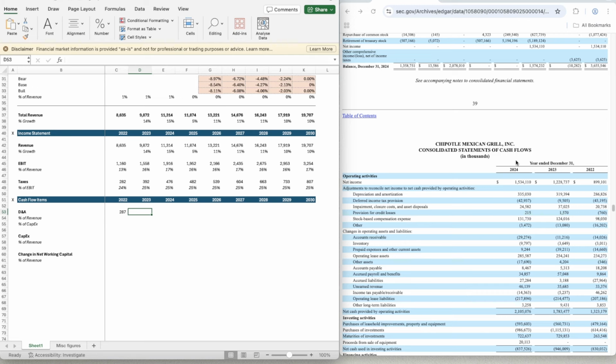Then we have 319.3. Then we have 335. And we will get this as a percentage of revenue.